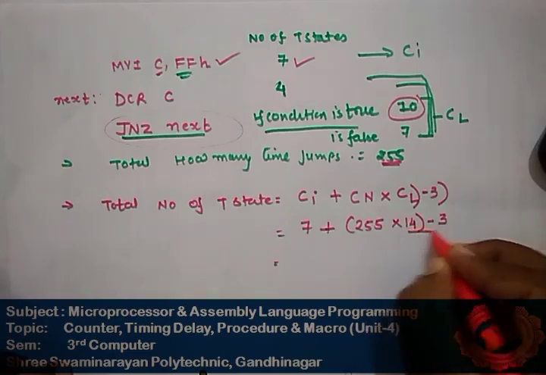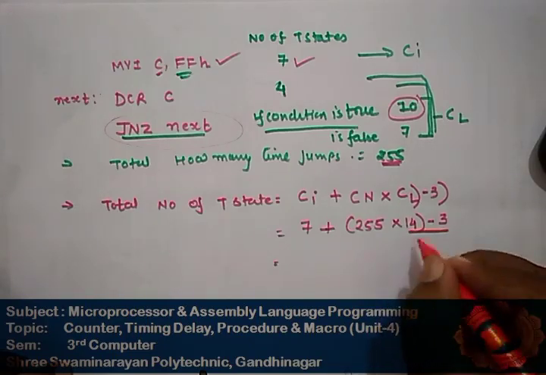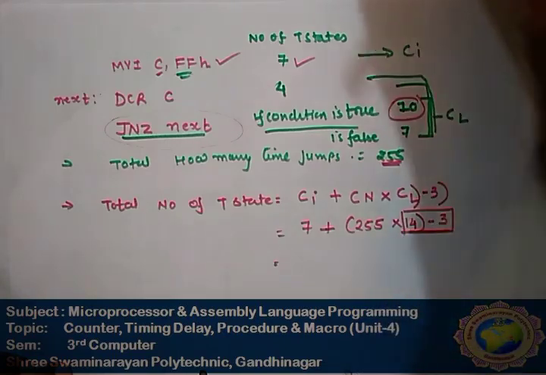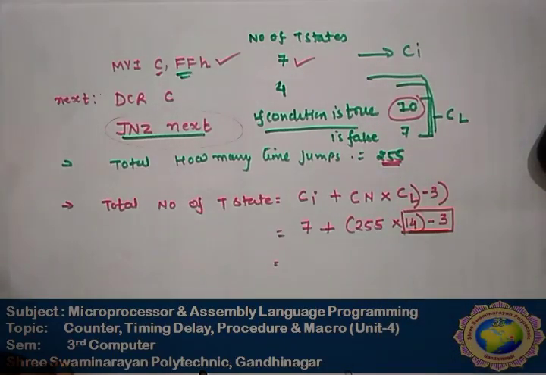So first, 14 minus 3 is 11. First we have to count this, so it's 11. So 11 is multiplied by 255, so it's 2805.